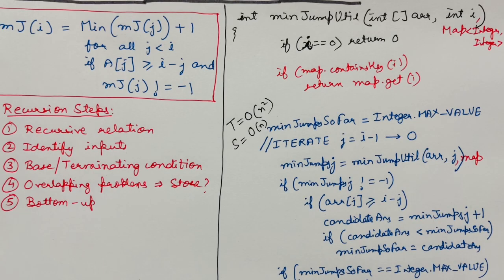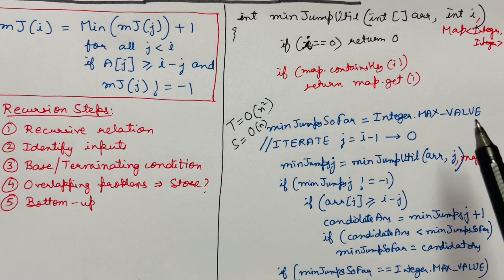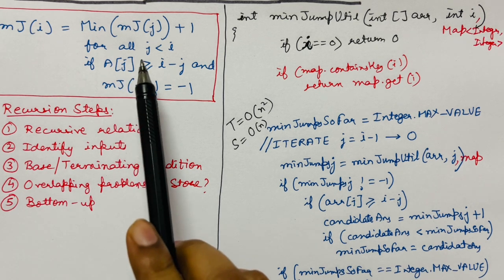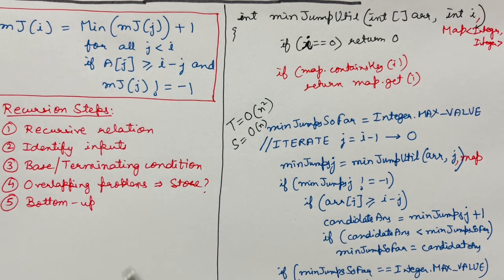Let us see if we had any information about the minimum jump path when we were calculating the minimum jumps in this algorithm. Yes, we did, because for any index I, we knew what j we should choose. We should choose the j for which the answer is minimum and which satisfies this condition.